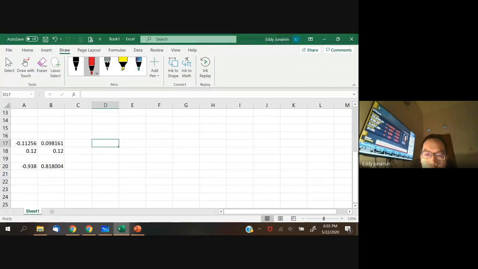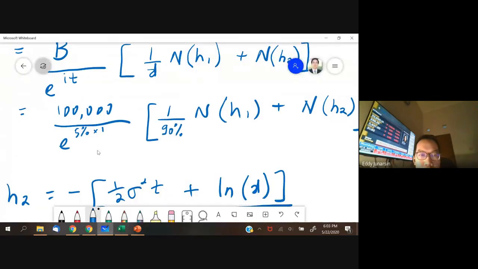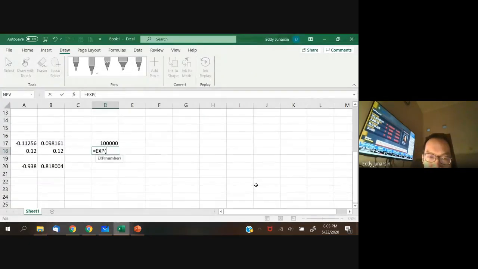So the borrowing is 100,000, right? And then if you want to know what is the E again, it is 2.7183, right? So what's the bottom one again? The exponent of I minus T. So the risk-free rate is 5% times T, right? I minus T, right?